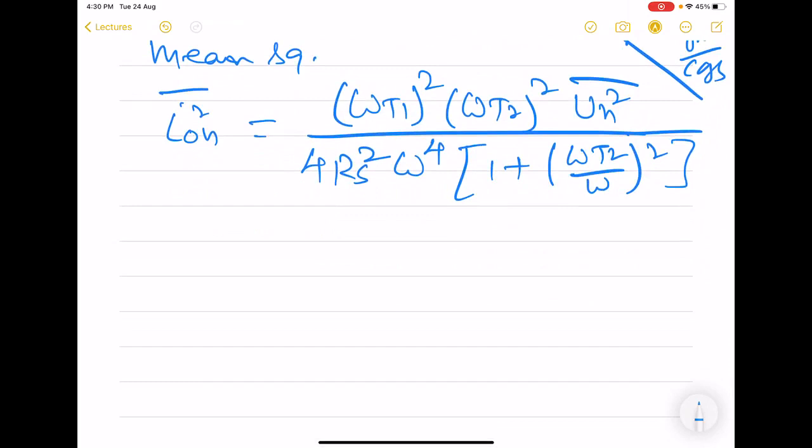So this is the exact expression for the short-circuited output current due to RS.